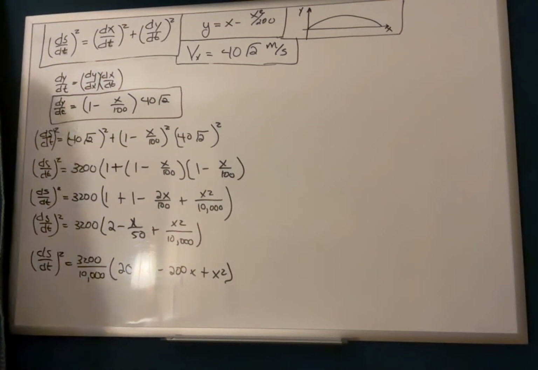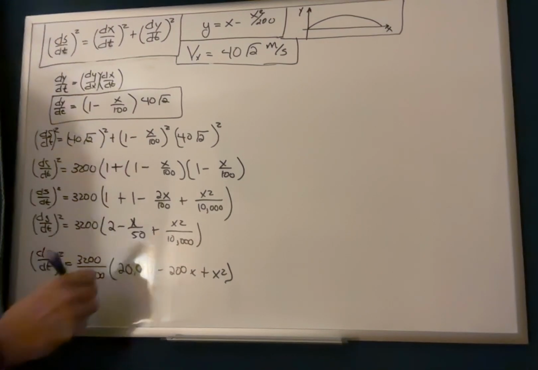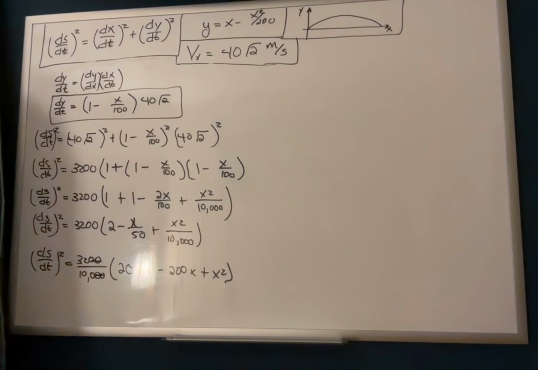And when we take this number and we get rid of some of these zeros, we're going to get 32 over 100, which is basically 8 divided by 25.